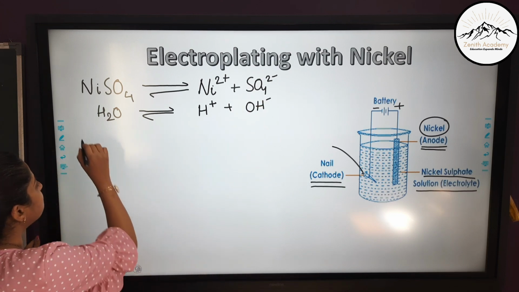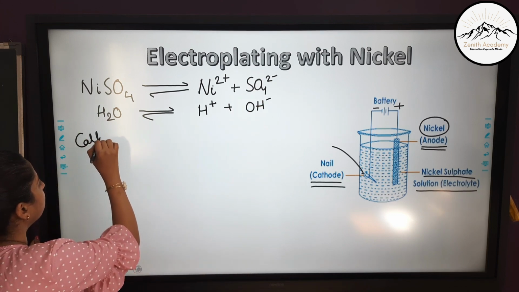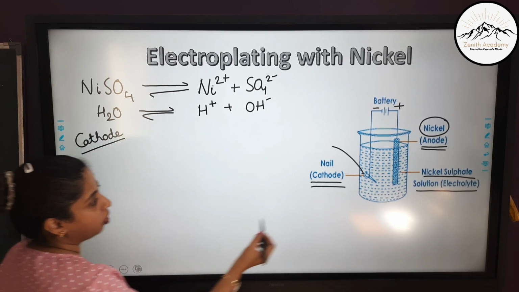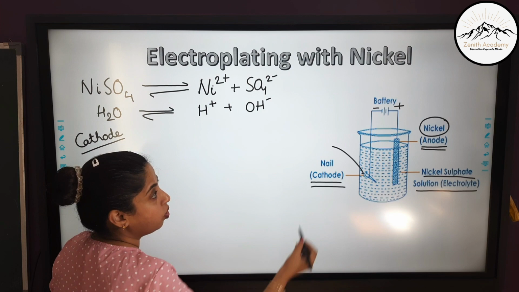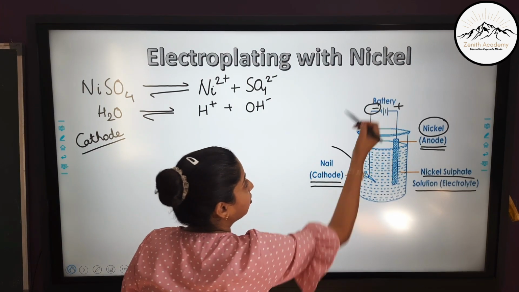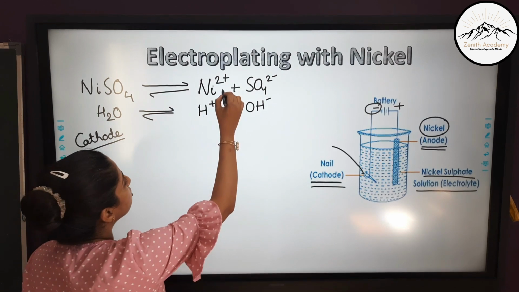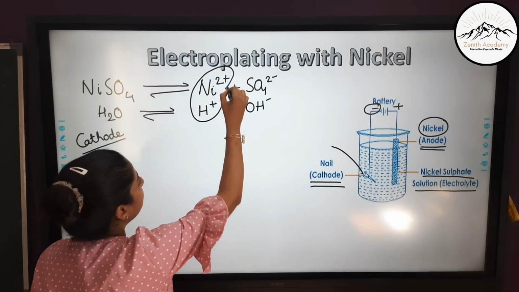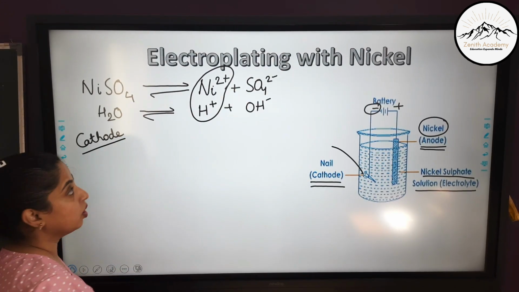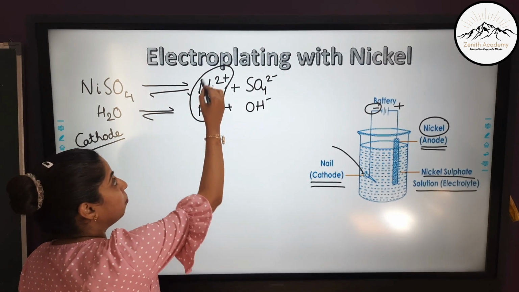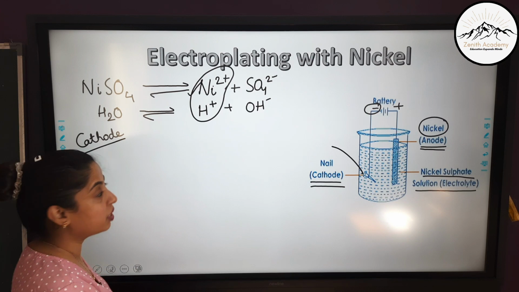Right. Now let's see what happens at the cathode. What are the reactions happening at the cathode? We know the cathode is negative, so all the positive ions will migrate towards the cathode. Which are the positive ions in the electrolyte? Nickel and hydrogen. Both of them will migrate towards it, but which will get deposited? Nickel, because it is lower in the electrochemical series.